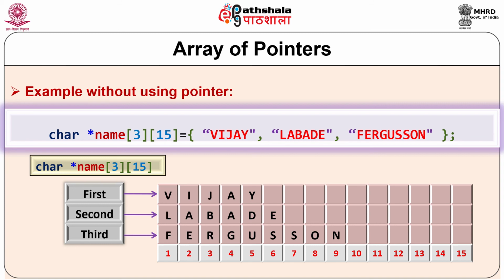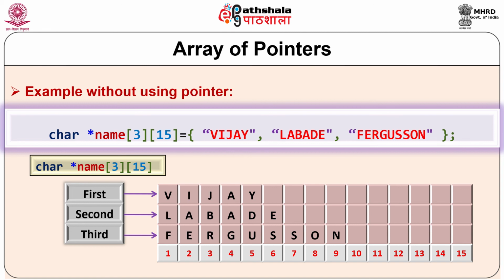Now, in this example we have considered the size as 15 and therefore there are memory locations reserved from 1 to 15 that you can see below Ferguson. Here data usage is still 9 memory locations but extended till 15 memory locations.